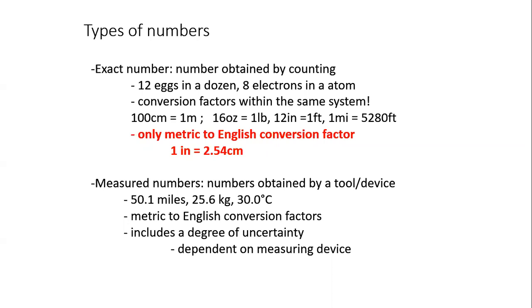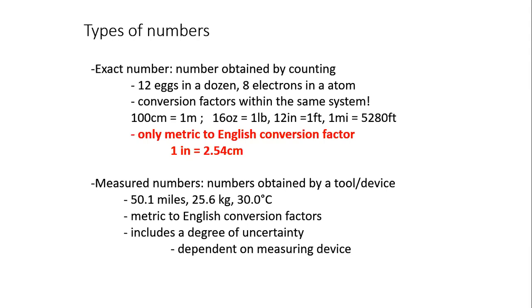These are exact numbers, which we obtain by counting. So if you were to count the number of people in this Zoom session, we would know exactly there are 23 people. So that's an exact number. There's no discrepancy in the value of that number. We know it's exactly 23. Just like if you were to count the number of eggs in an egg carton, you know there's exactly 12 eggs in an egg carton.